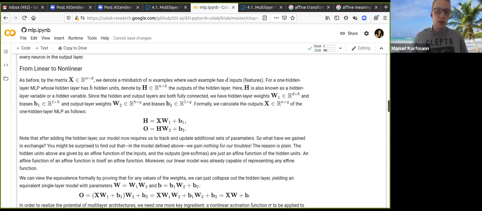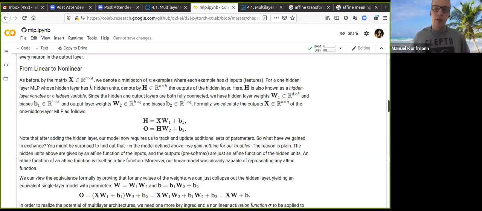Since the hidden and output layers are both fully connected, we have hidden layer weights W1, element of the real number space d by h, and biases b1, element of the real number space 1 by h, and output layer weights W2, element of the real number space h by q, and biases b2, element of the real number space 1 by q.